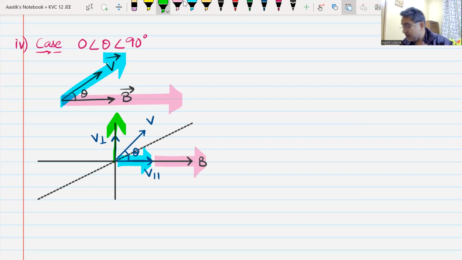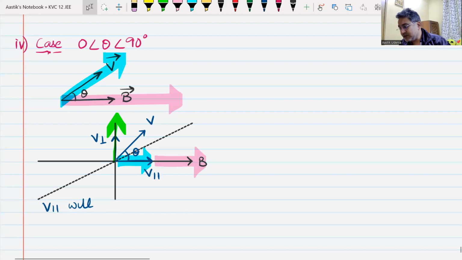Now what will happen because of this parallel velocity? V parallel will remain constant. It cannot change because it is in the same direction as the magnetic field.